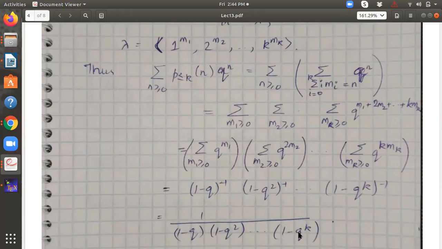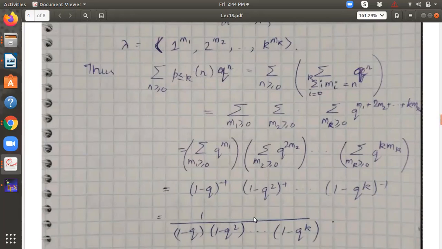And when are two series equal? When their corresponding coefficients are equal at all stages. So when I ask you the coefficient of q raised to n in this series, what should be the answer? P less than or equal to k of n.